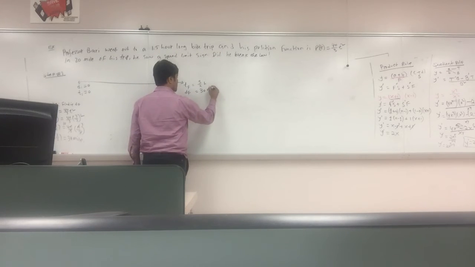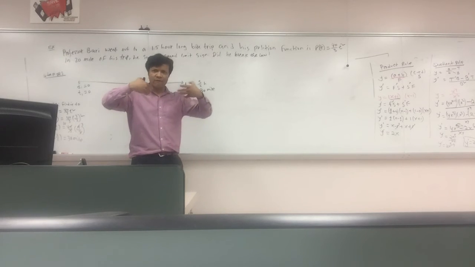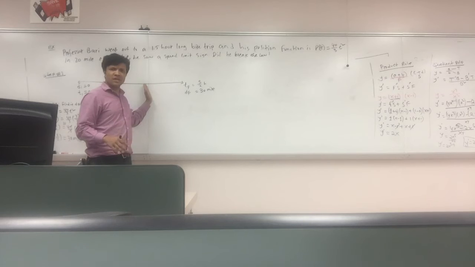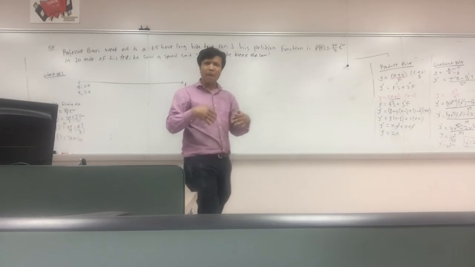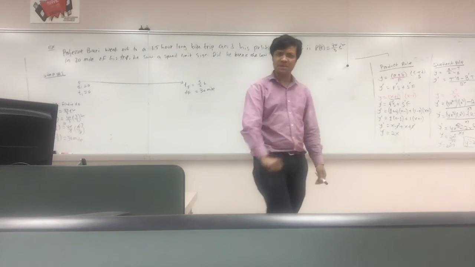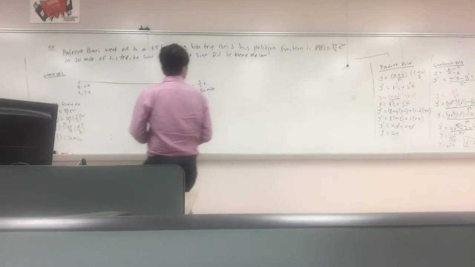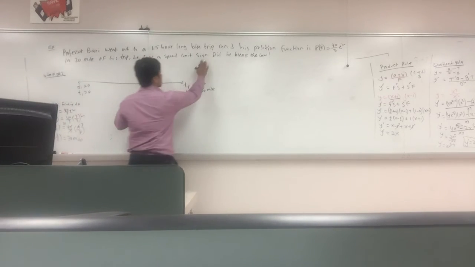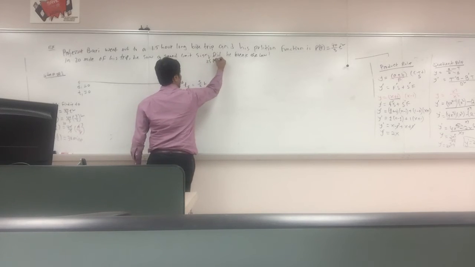Now we can find the average speed. However, we did not finish the graph. We know that at 20 miles of his bike trip, he saw a speed limit sign of 25 miles per hour.